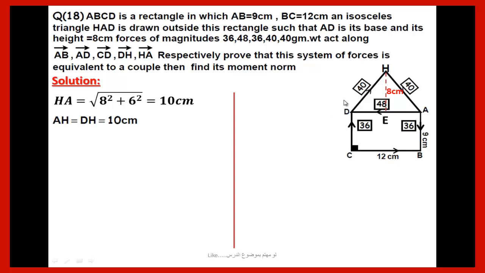So the magnitudes of the forces are proportional to the side lengths of the triangle, and the three forces 40, 48 and 40 are in the same cyclic order. So the three forces 40, 48 and 40 form a couple.